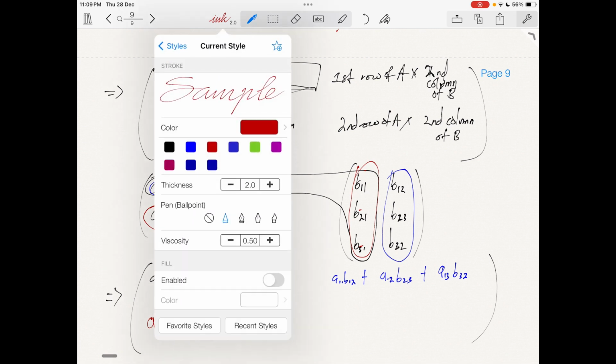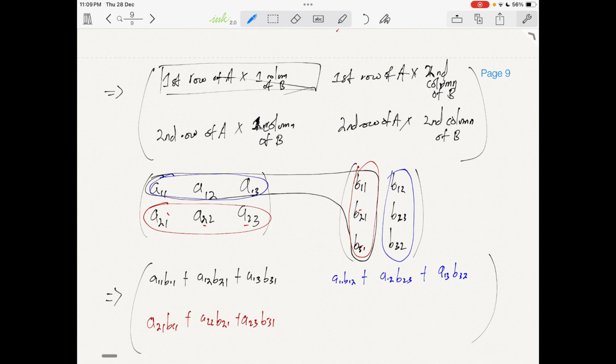And to have the last one here, you are still on the second row, but now on the second column. Now we'll have A21 multiplied by B12 plus A22 multiplied by B23 plus A23 multiplied by B32.